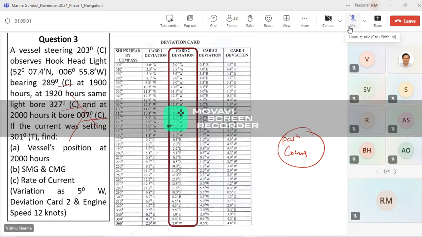Many a times people calculate 4 different errors. For each compass bearing, they pick up the deviation. Some of you may laugh at it, but that's the reality people do. So please, if anybody has made that mistake, you can own it. If you own it, chances of making it again are reduced. But anyway, if you don't want to own it, it's perfectly fine with me.